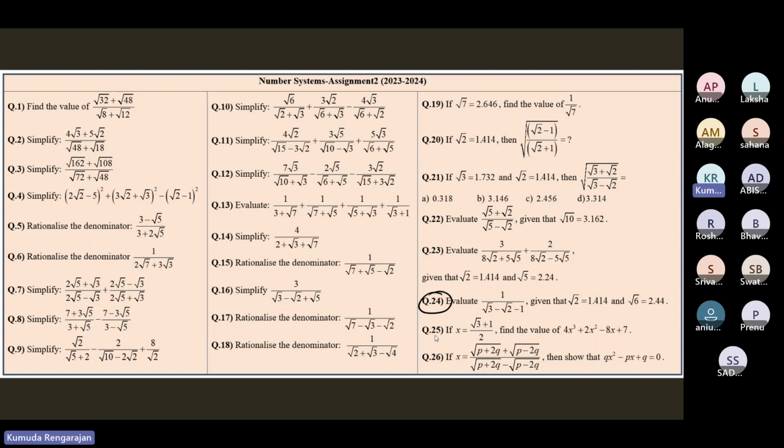Srivatsan, okay. Ma'am, I got minus 1.465.